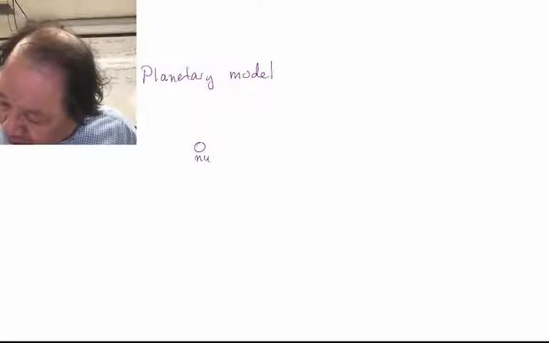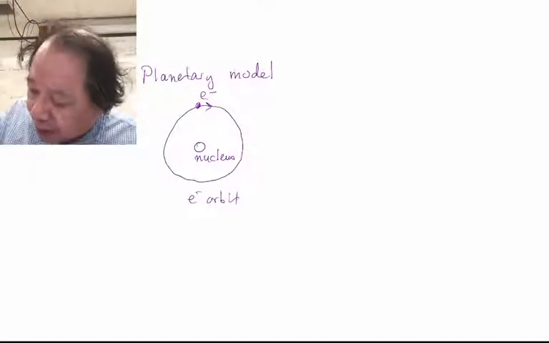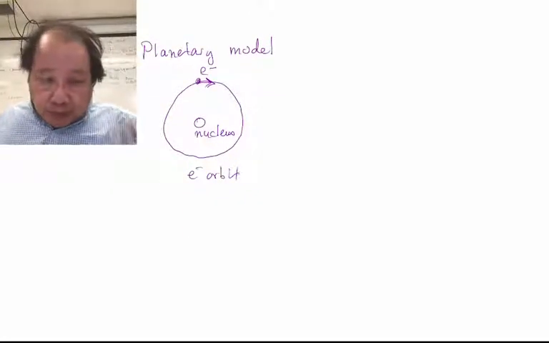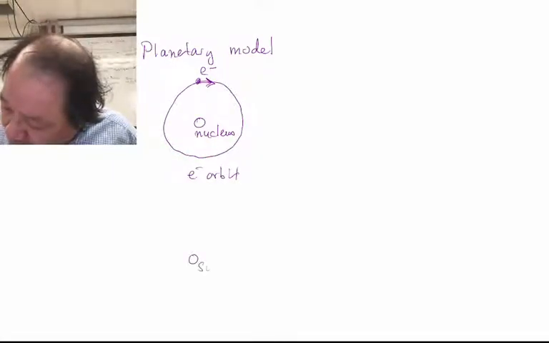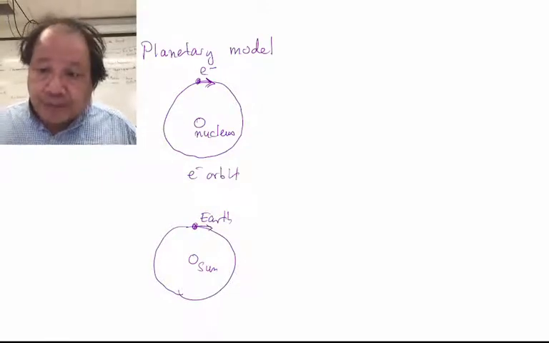There's the nucleus, that's the small object, and around the nucleus orbit the electrons. We can think of them first as moving in a circle, very much the same way as here's the sun, and going in an orbit around the sun is the Earth. So that's why it's called the planetary model.